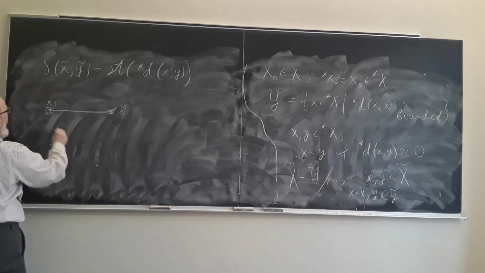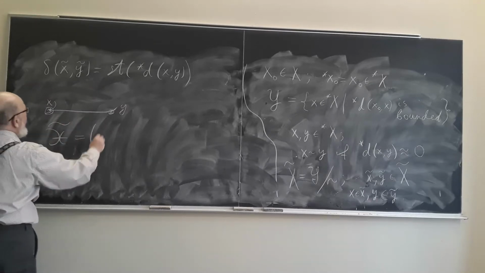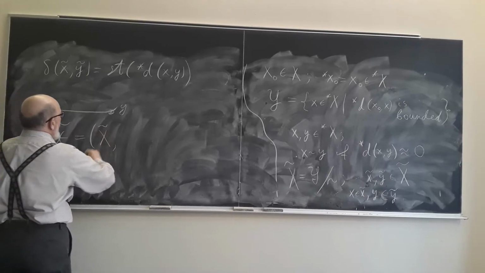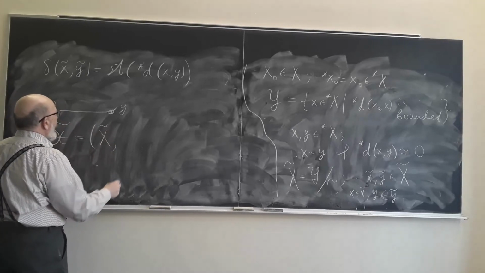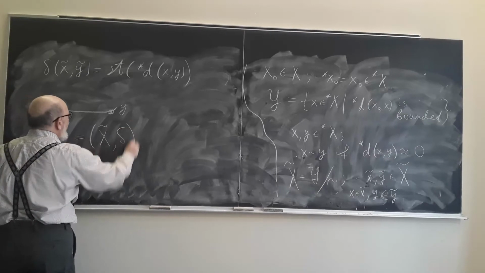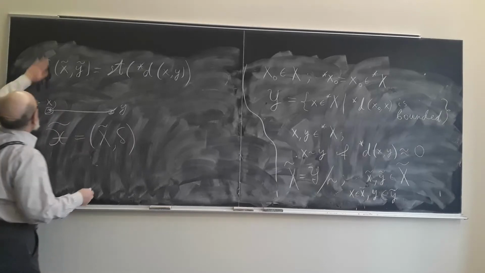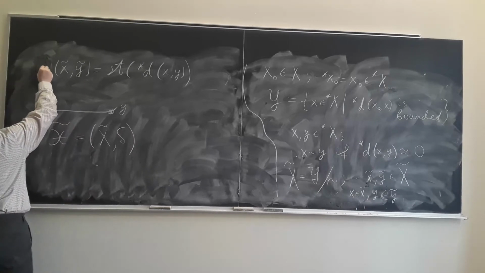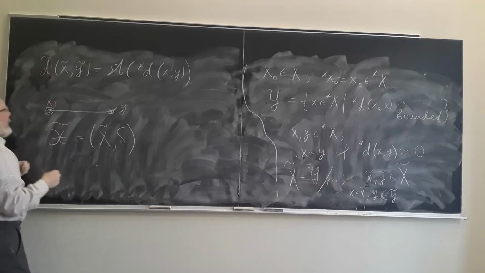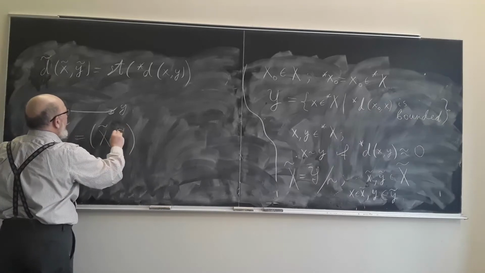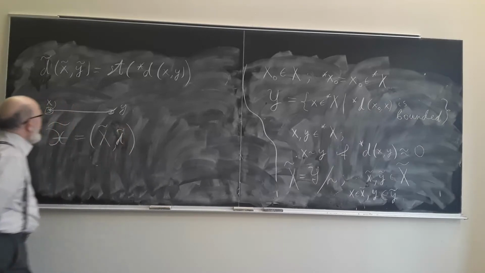Okay, now we have defined x tilde and delta. Let me denote it for uniformity d tilde. Little d. Yeah.